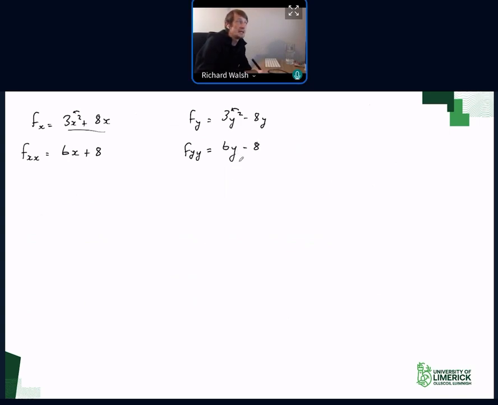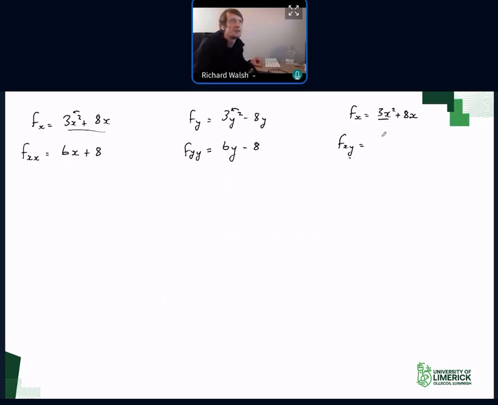I also need the mixed second partial derivative. It doesn't matter, as I say, which order you take this in. I'm going to take the first partial derivative with respect to x and differentiate that with respect to y, but you could have also taken y and differentiated that with respect to x. If I'm differentiating with respect to y, I'm treating x as a constant.